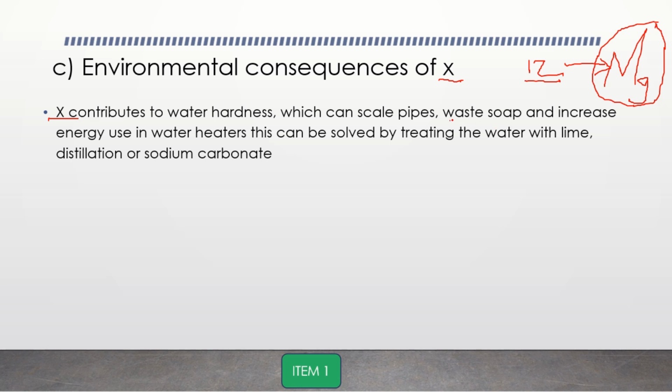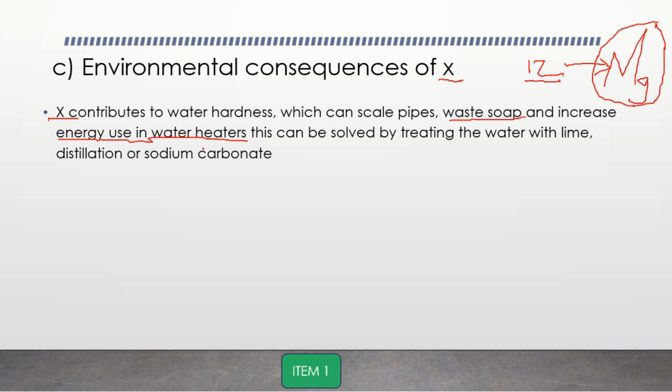We already know this, it wastes soap, and it also increases energy usage in water heaters. Even for kettles at home, if they have these boiler scales, the amount of firewood or charcoal that you use increases if the boiler scales increase.